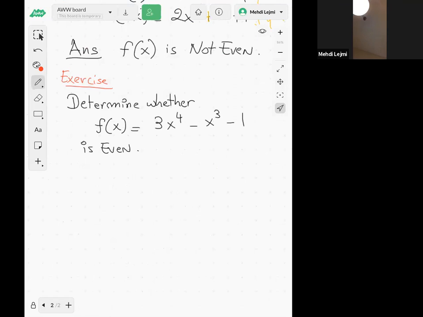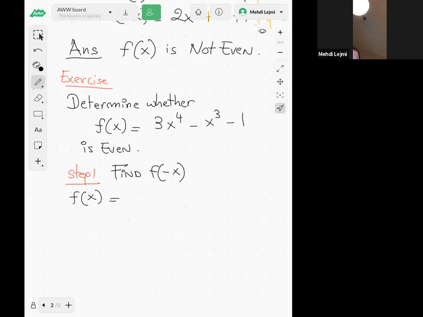So first step, we're going to find f of minus x. My advice for you guys, if you are struggling with this notion of even function, is to just follow the steps and use the circles as I do when you substitute x by minus x.